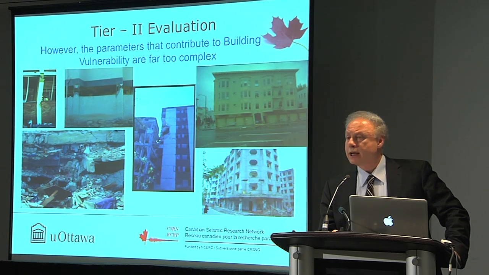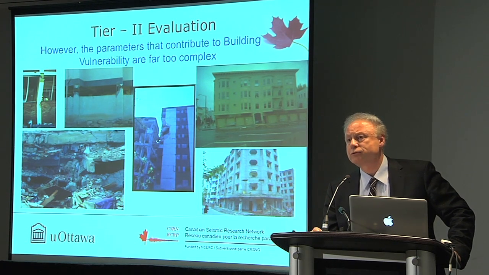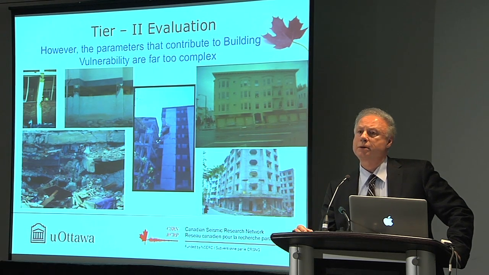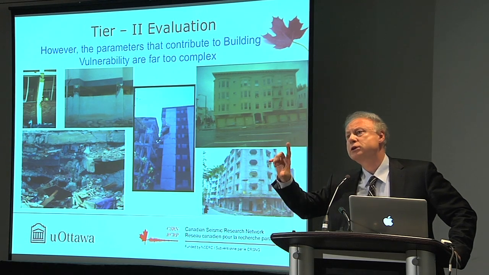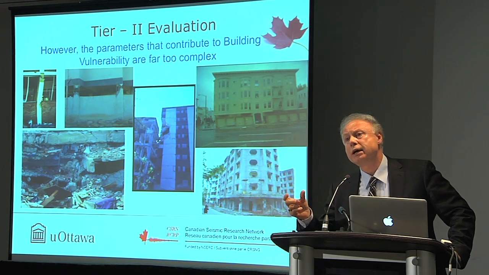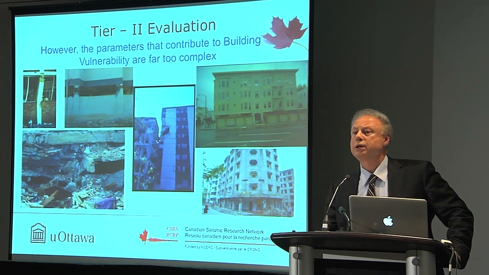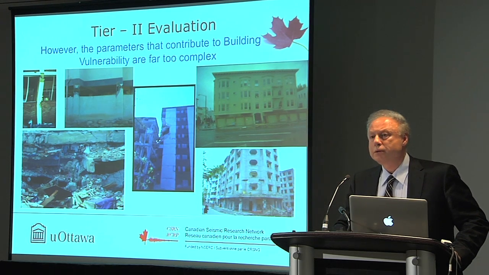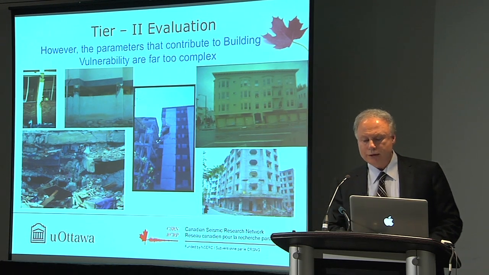And lower left is a building where you have strong beams, weak columns. Columns are responsible for overall strength and stability of the building. And in our current design practice, we have strong columns, weak beams. You look at a building with very deep, very strong beams and flimsy columns, then it should trigger a flag. And also you see in the middle a building that is suffering from pounding.